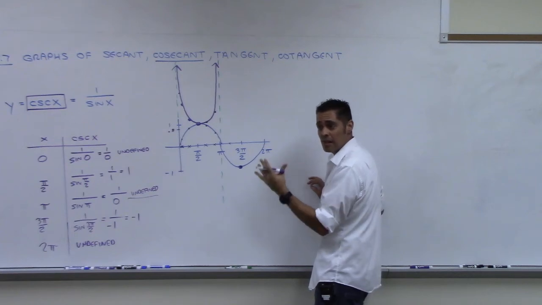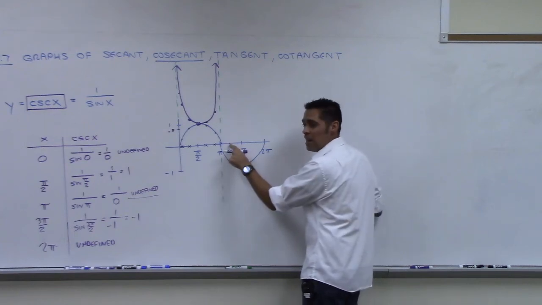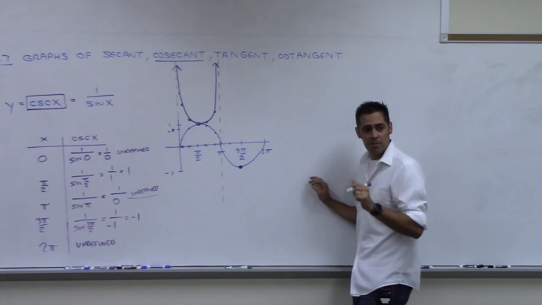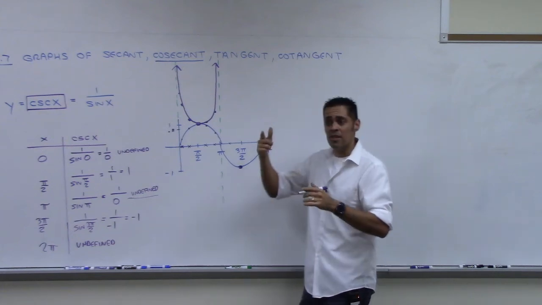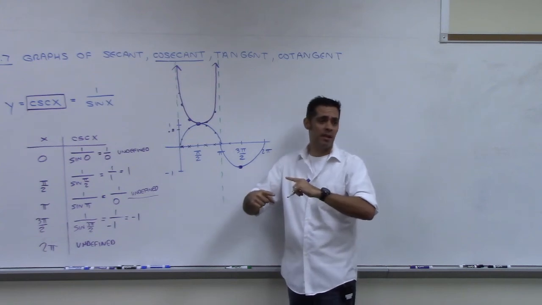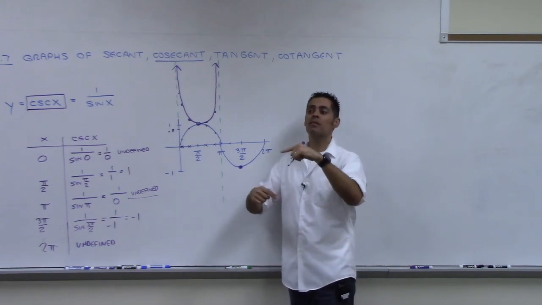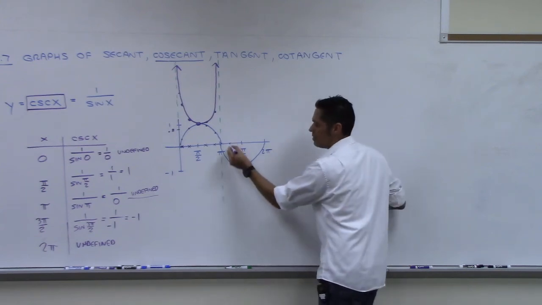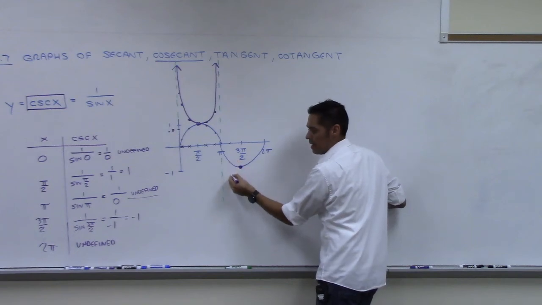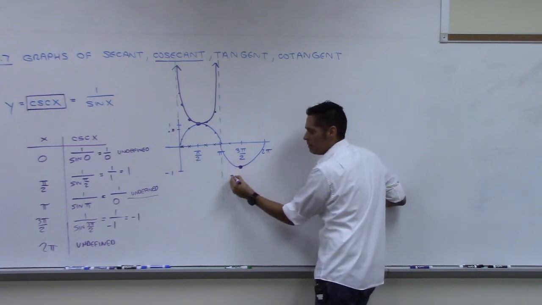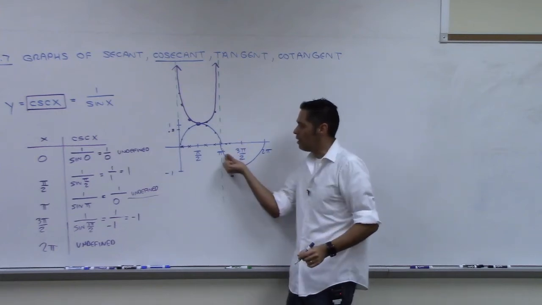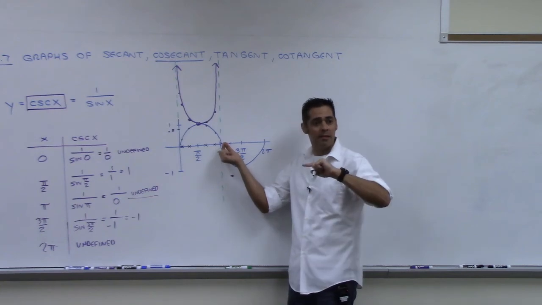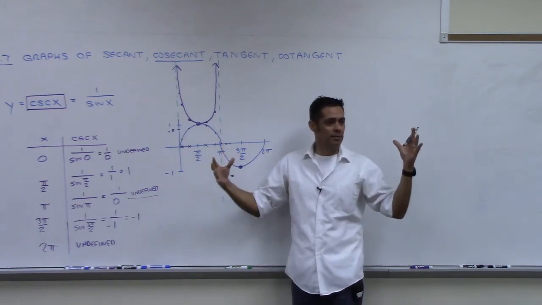All right, so I'll ask everyone. If I plug this into sine, what am I going to get? A small negative number, right? Less than 1. So when I do cosecant, 1 over that, I'm going to get a bigger negative number. So that means it's going to be like down here. And then what happens is if I start moving closer and closer to pi that way, these get smaller and smaller negative, right? 1 over that gets bigger negative.